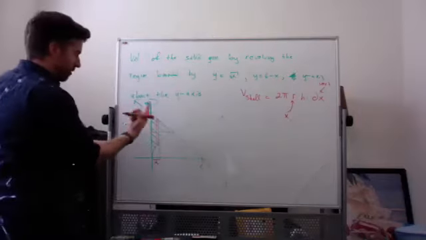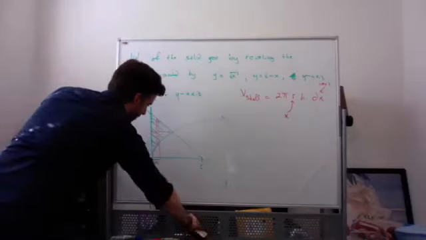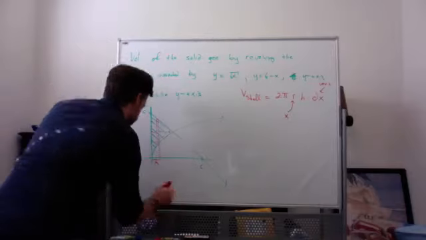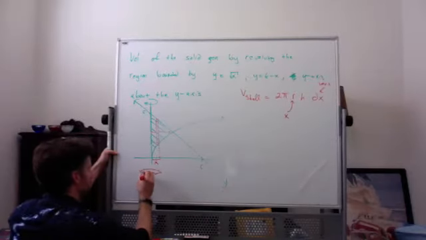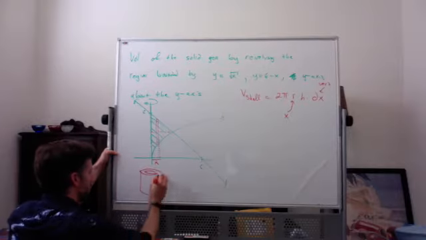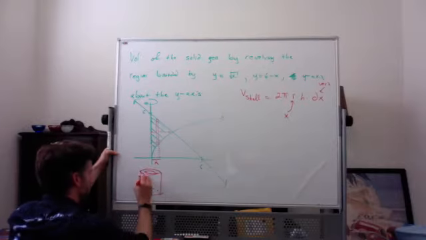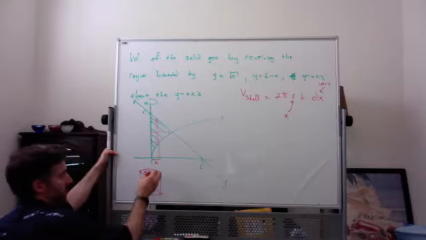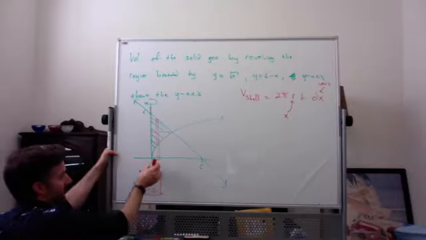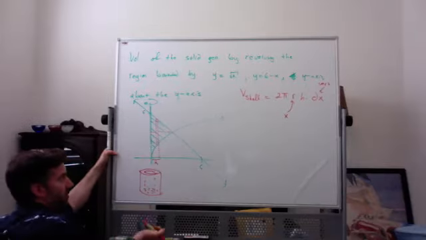Because I'm thinking of revolving this around the y-axis and getting a cylindrical shell that looks like that, where the radius of this shell is exactly just how far we are from the y-axis.